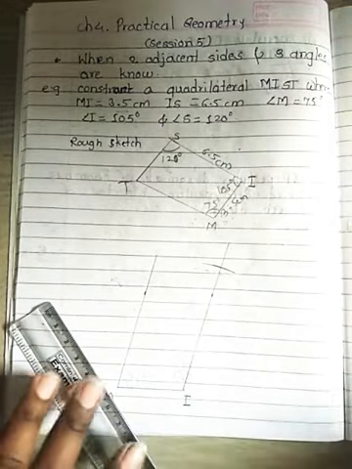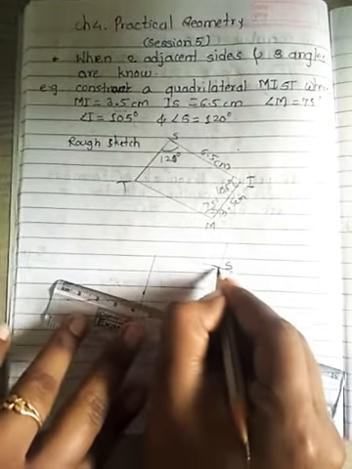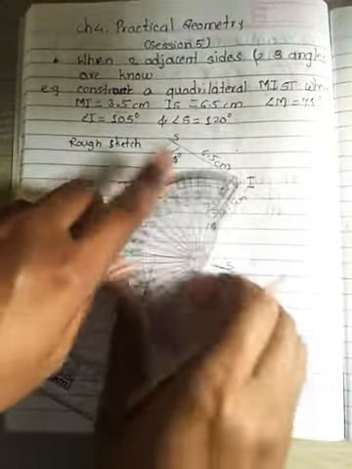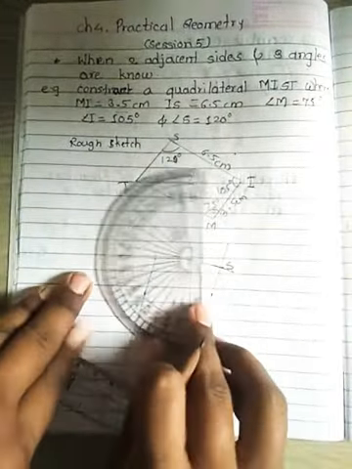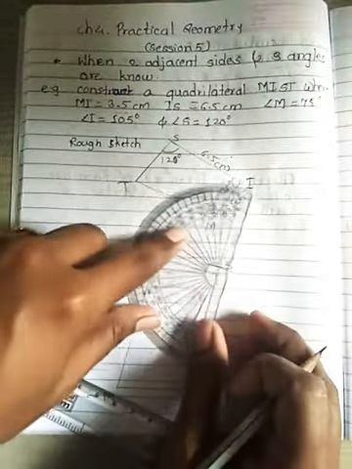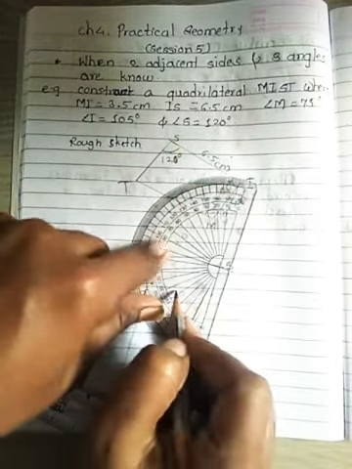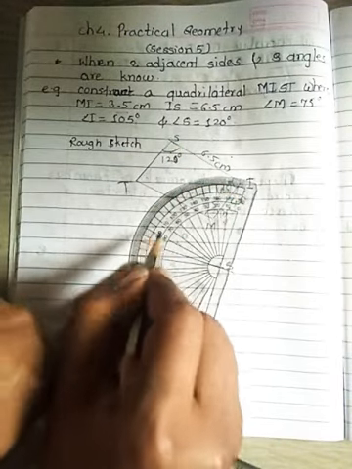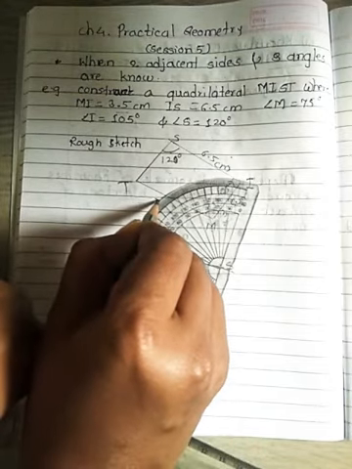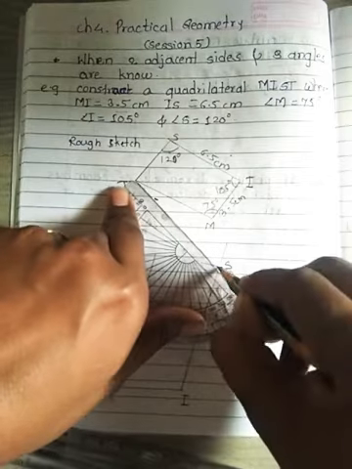This one will be 6.5 where you'll get point S. Now on the point S, you need to keep the protractor and make an angle of 120 degrees. See, angle S is 120 degrees. So 100 and 110 and this is 120. Now join that and this point.